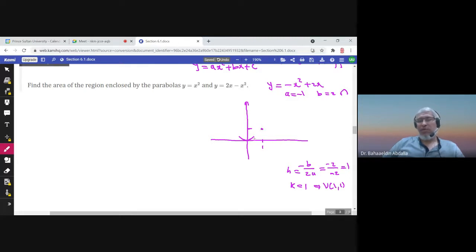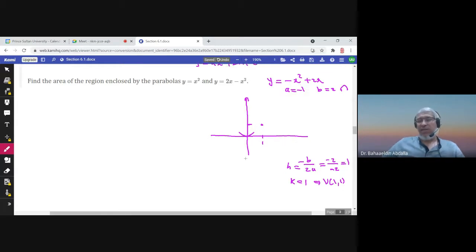Also, for this parabola, to find the x-intercepts, if you put y equals 0 and take x as a common factor, the x-intercepts are 0 and 2.